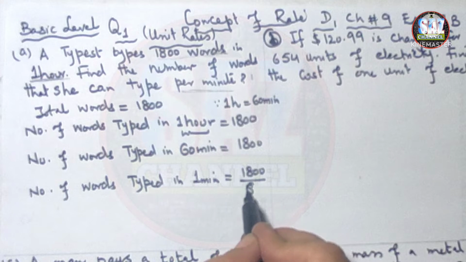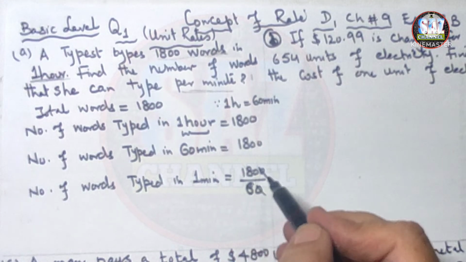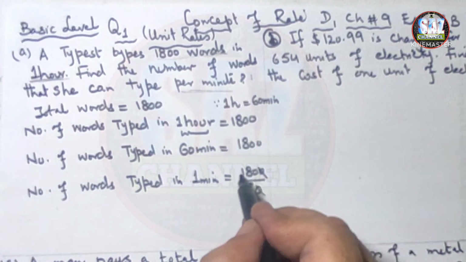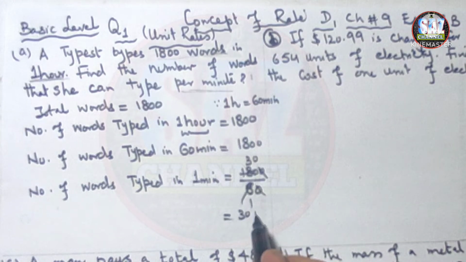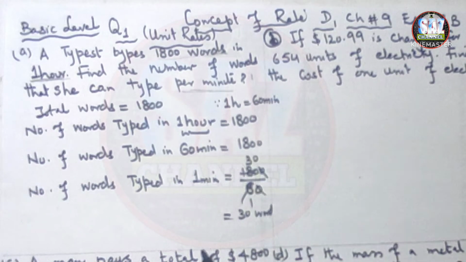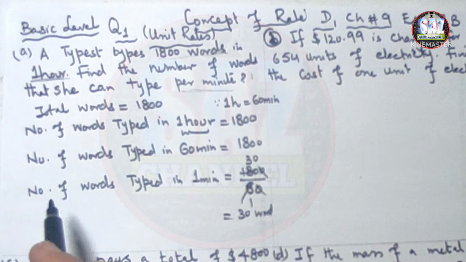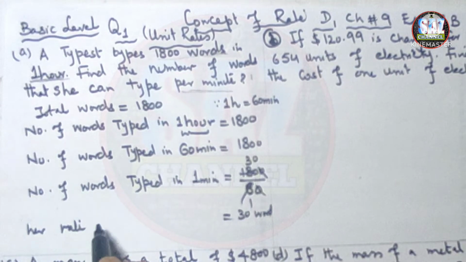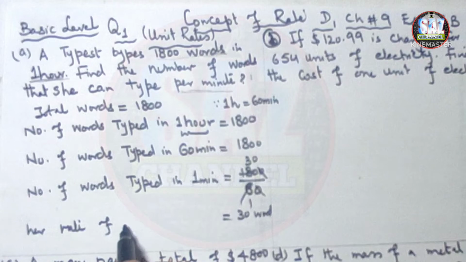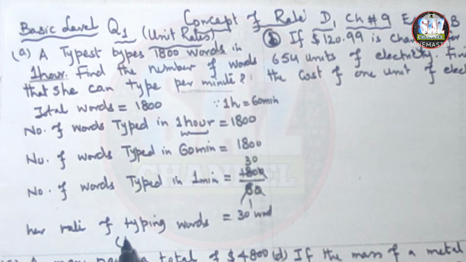Look, 6 ones are 6, 6 threes are 18, and zeros, so 30 words. So her rate of typing is 30 words per minute.